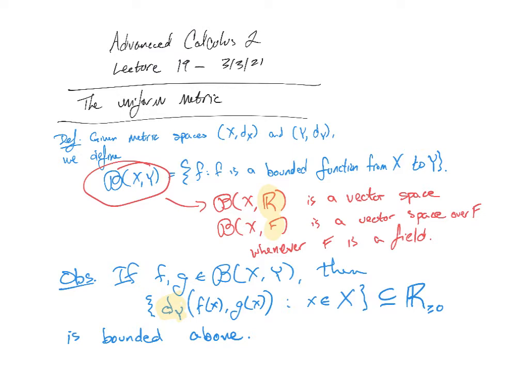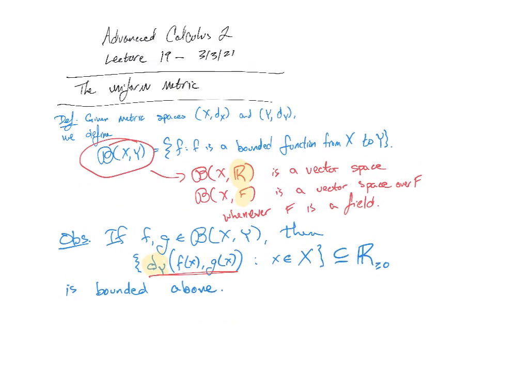You really just have to chase through that definition of what it means for a function to be bounded. But f is in some ball, g is in some ball, so together f and g are in some ball, and then the maximum distance would be twice the radius of that ball. Okay? Any questions so far?